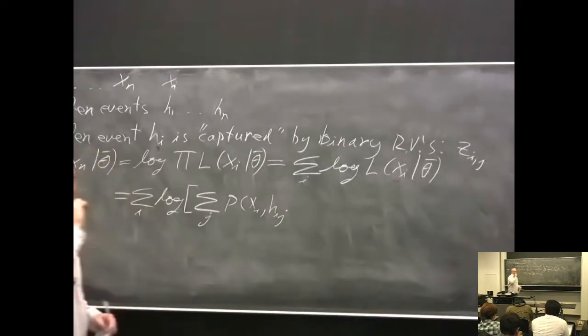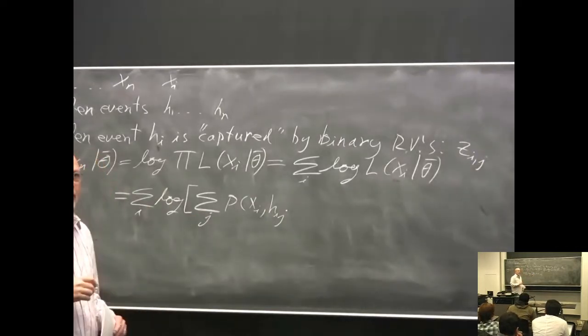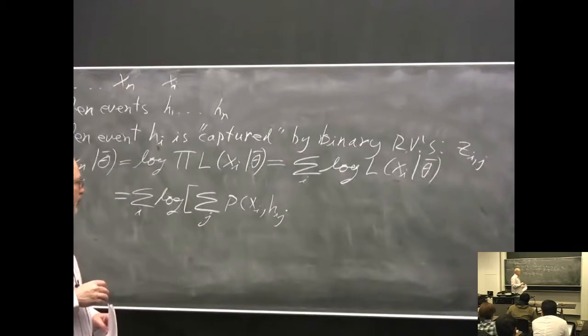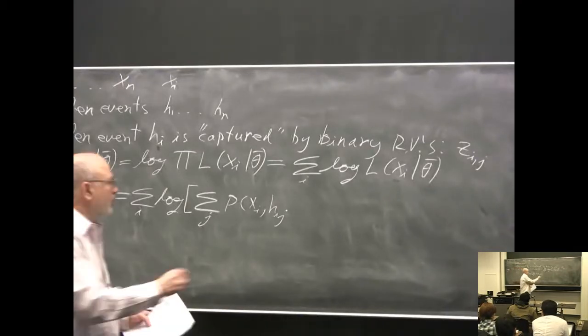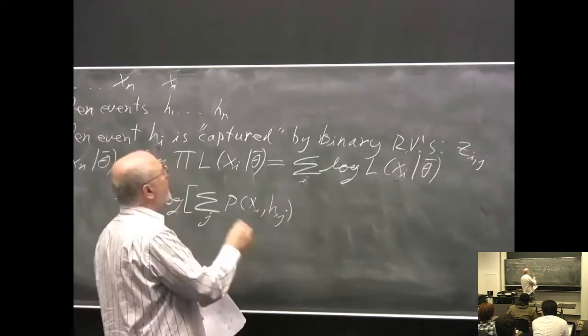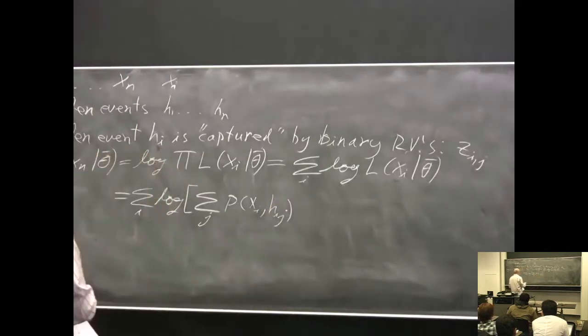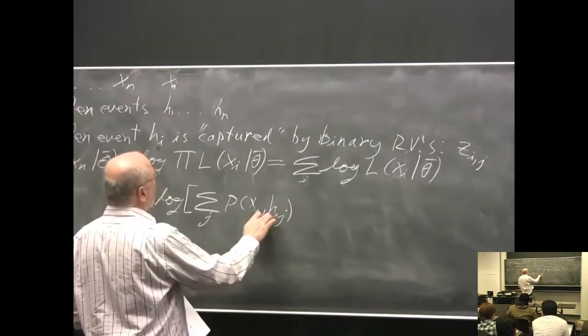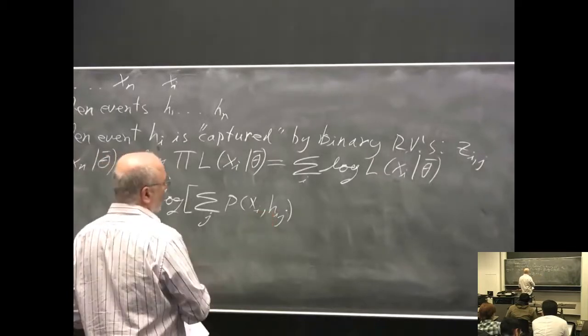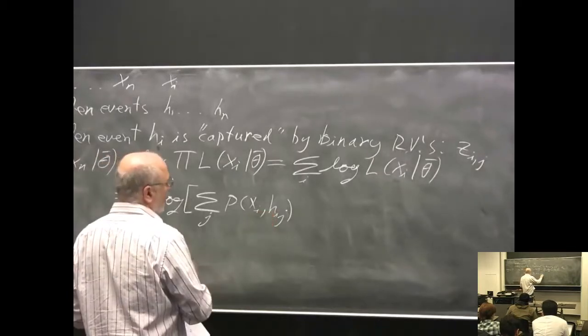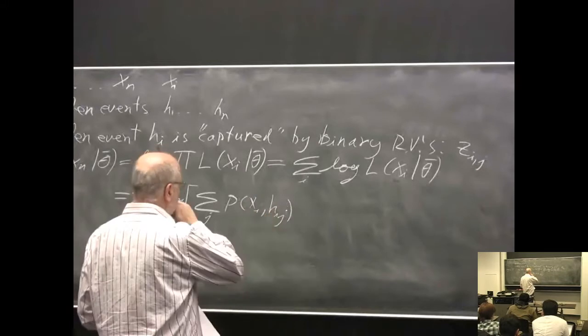Hi equals j. I'm sorry? You mean hi equals j? I don't mean hi equals j. So we haven't defined hij. Oh, I'm sorry. So now I have to choose between z or, you mean zij equals 1. Yeah.